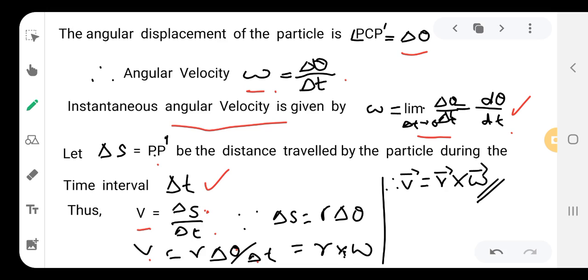So v is equal to r into omega. Therefore, the relation between linear velocity and angular velocity is that v equals the product of the radius vector and the angular velocity.